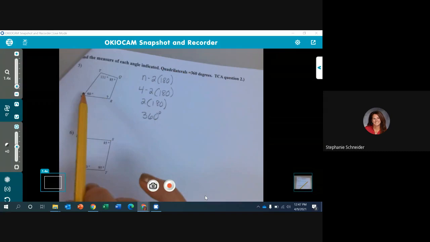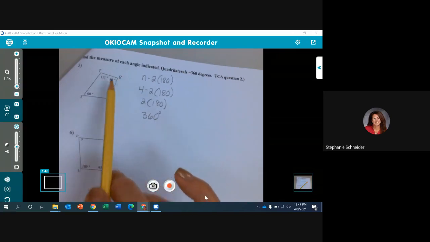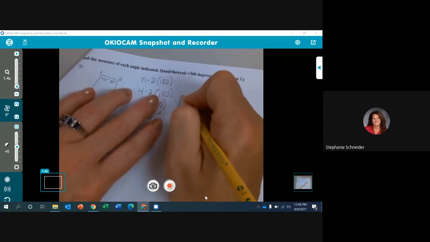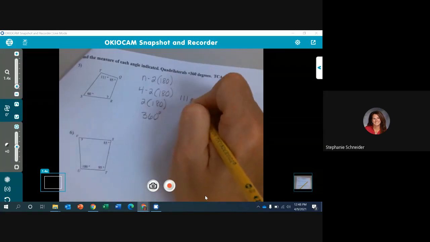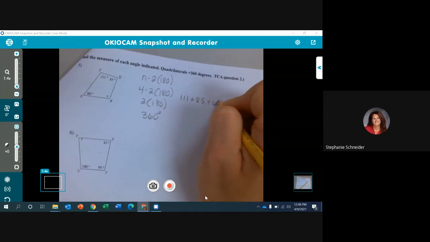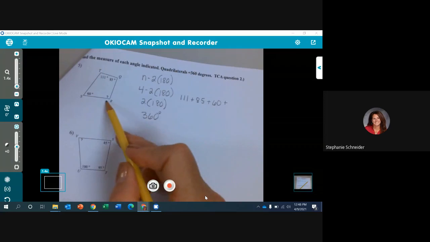So with that being said, I have three angles and a missing angle. So we need to find out what this missing angle is in order for us to find the measure of that angle. So we can do 111 plus 85 plus 60 plus, they have it here as a question mark.